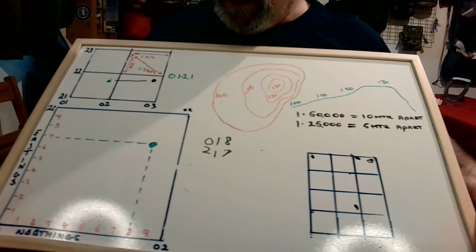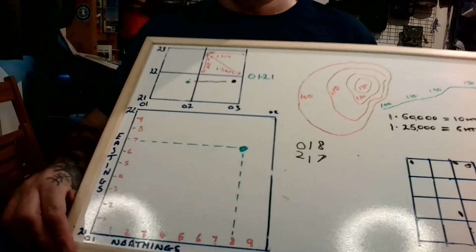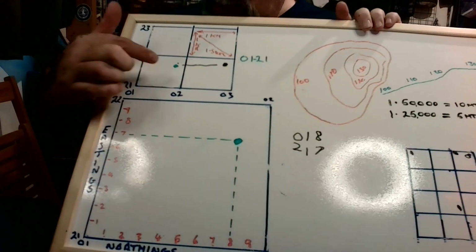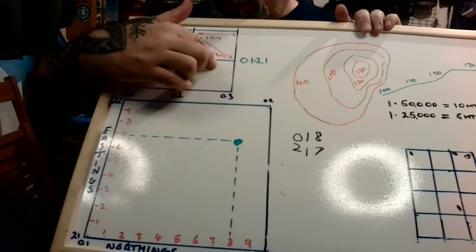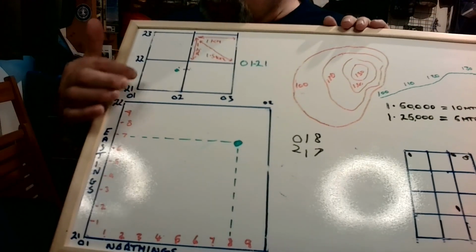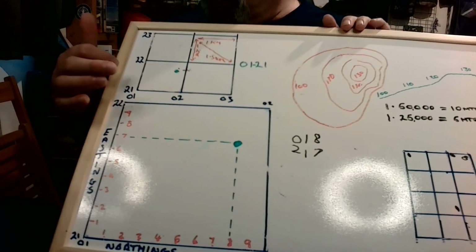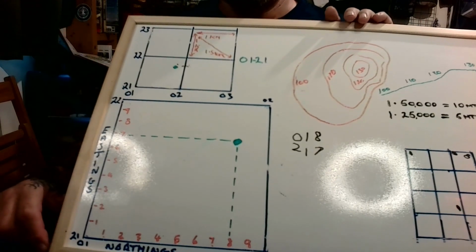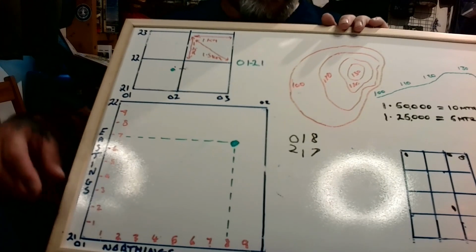Okay, so let's take this over here. I've selected 4 squares for you there. The green dot, let's take that out. The green dot is me. I'm in the little green dot there. I'm looking at my map and I say, hello, help me.